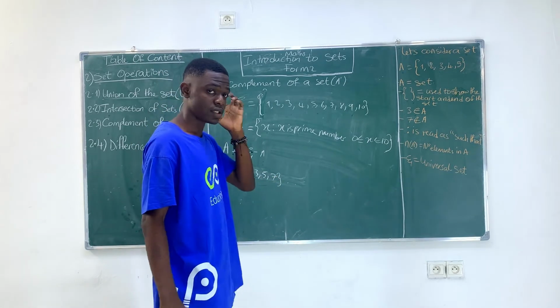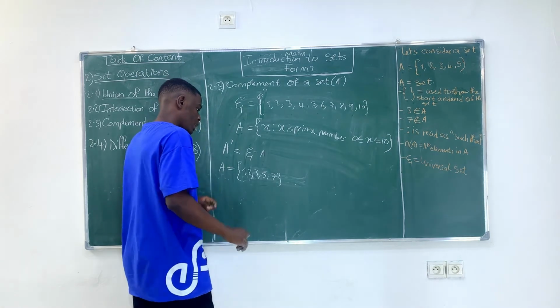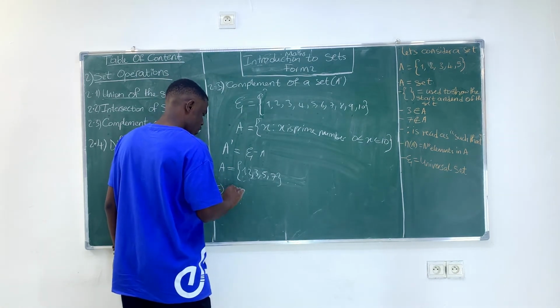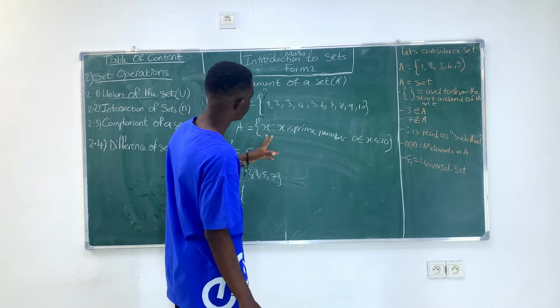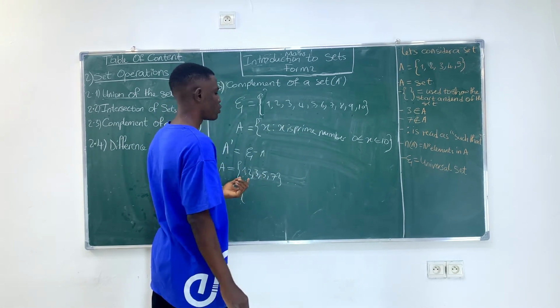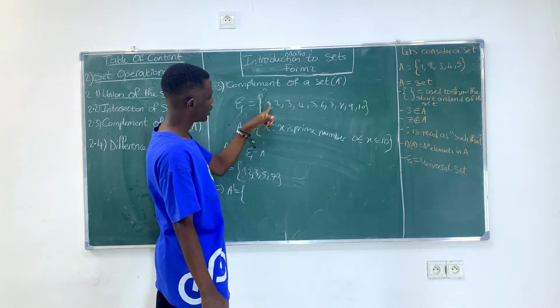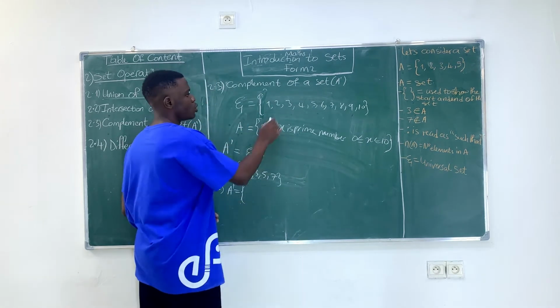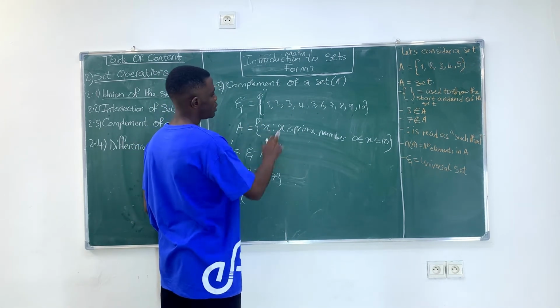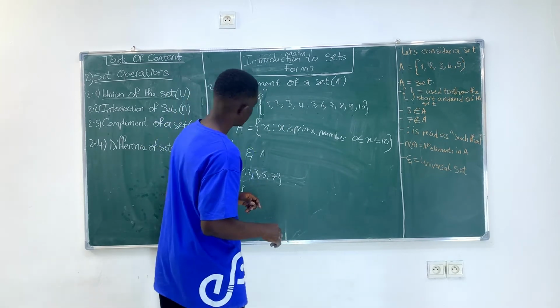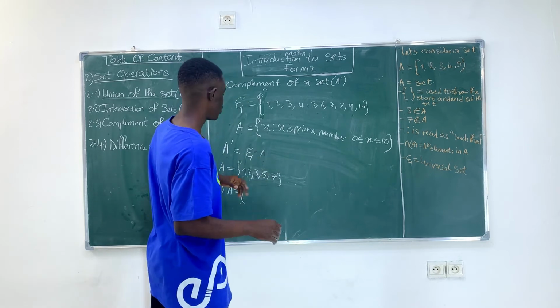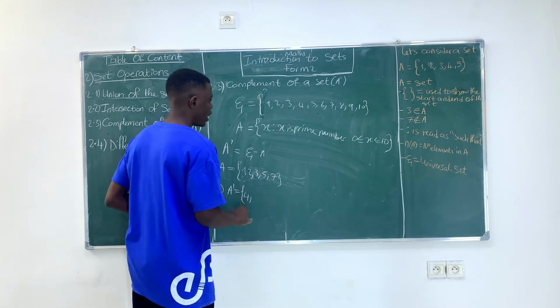So this is 10. This is 8. So what will be A prime? A prime is equal to every number that is here that is not found there. 1 is here and here, so 1 is not there. 2 is here and here, so it's not there. 3 is here and there, so 3 is not there. 4 is here, but 4 is not here, so you write your 4.